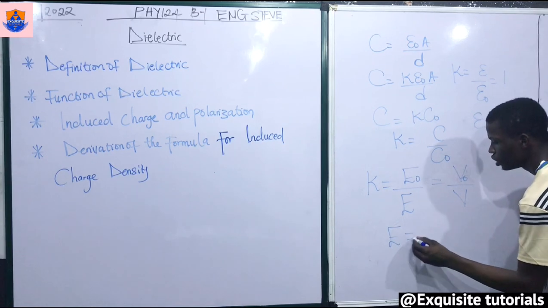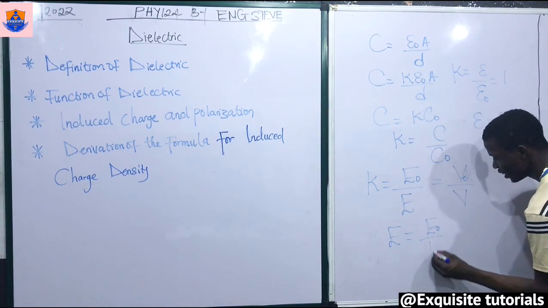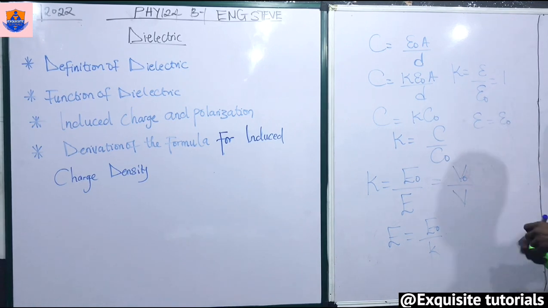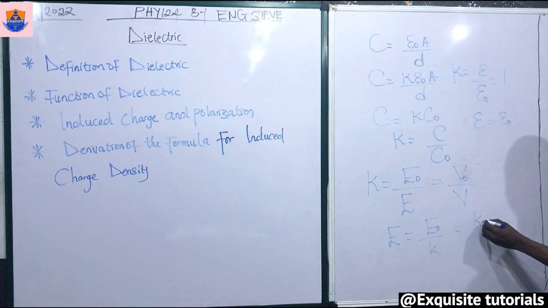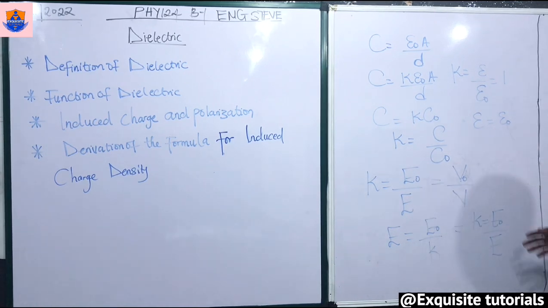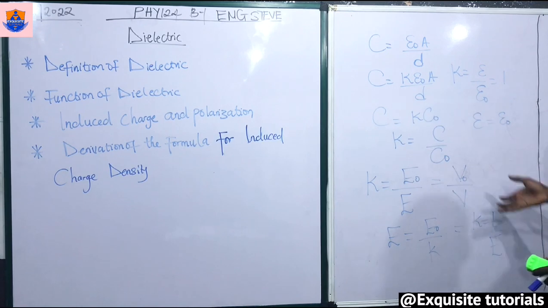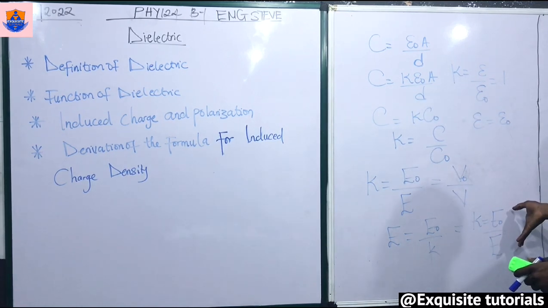Let's assume here E is equal to E naught over K, so it decreases the field by K. That's how I got this formula. So I can make K the subject of the formula, K being E naught over E. It's from the functions of the dielectric that we get these formulas that are here.